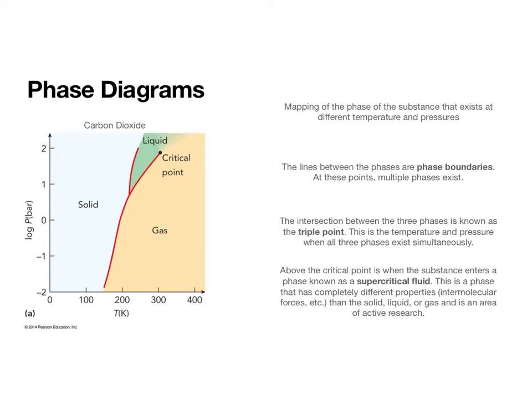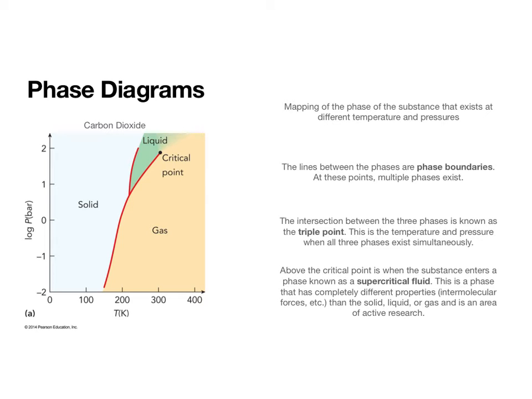Or we put water in our ice cube trays and stick it in the freezer, and it gets cold enough and turns into a solid. But it turns out that everything that we can do with temperature, we can also do with pressure. And so phase diagrams work to map the phase of the substance that exists at different temperatures and pressures.